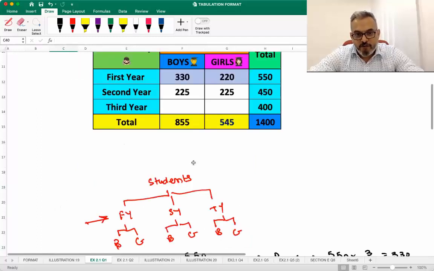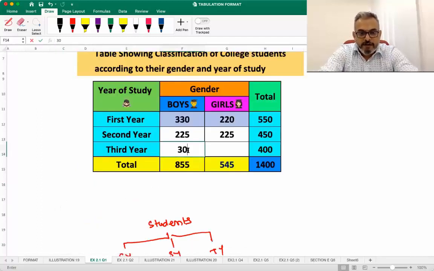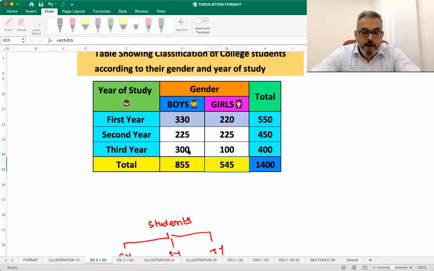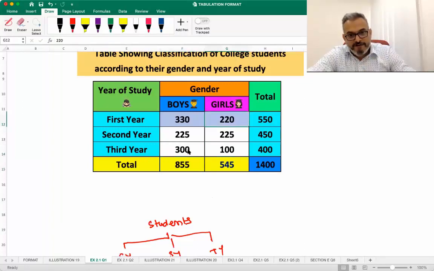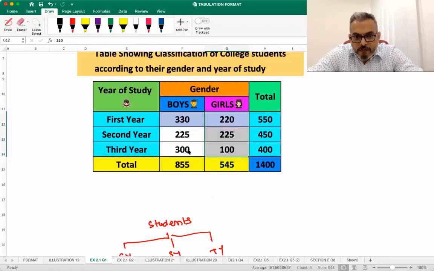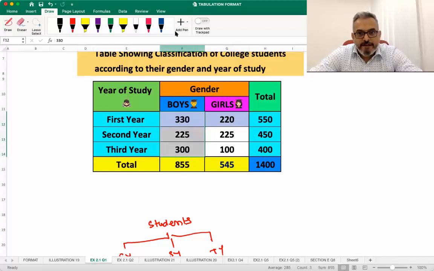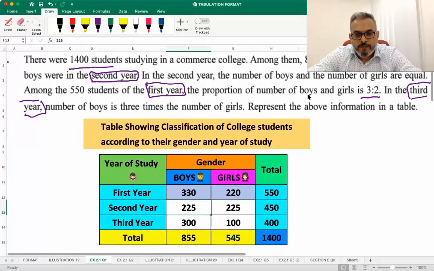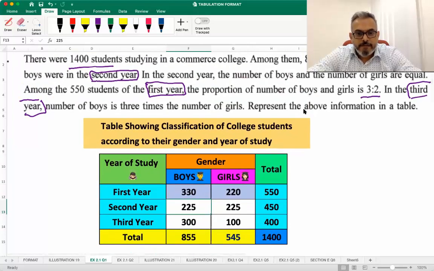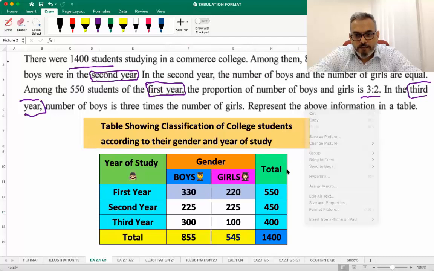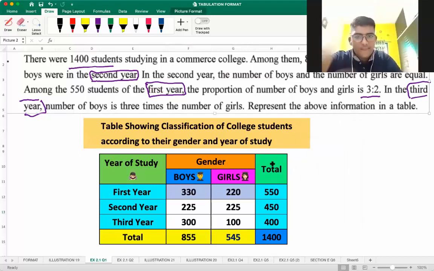So let's go over here in the third year. Boys 300 and girls are 100. Now always cross verify. Okay, done. Is the sum done by all of you now? Yes sir. Okay.